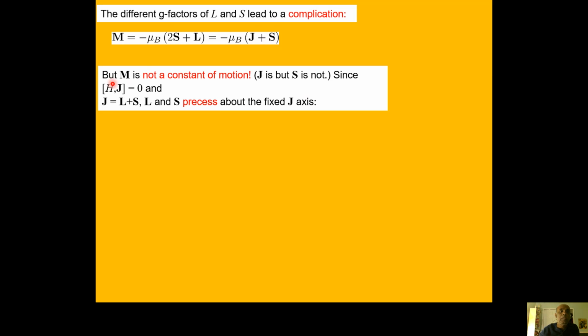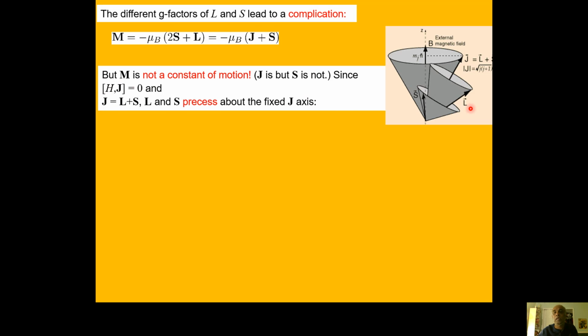Also we know the total Hamiltonian and J, they don't commute. So if you write J as L plus S, we know both L and S precess about J. Then J is precessing about the magnetic field B. If you look at here, you can see L here and S here.